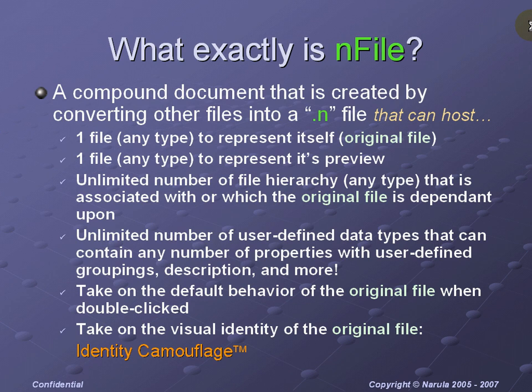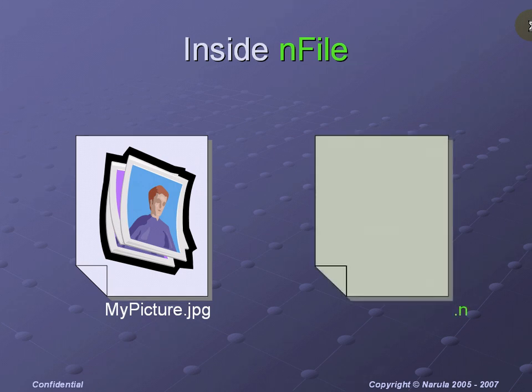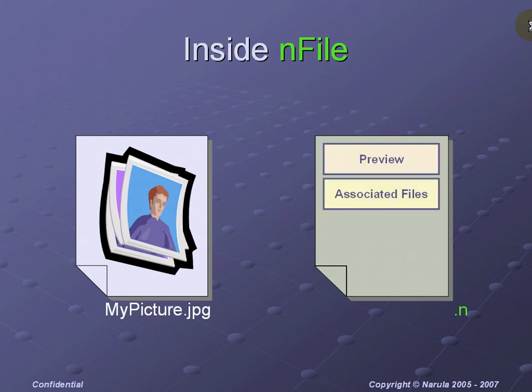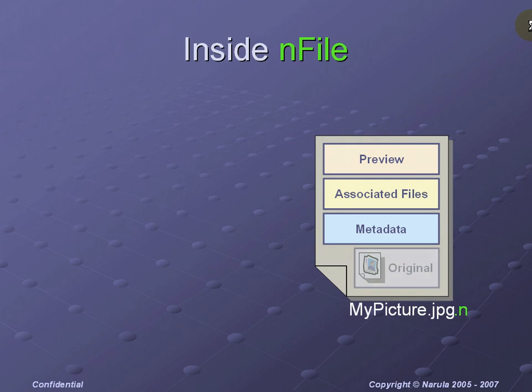Let's look inside an nFile. First, we start with any file. For this example, the file's name is mypicture.jpg. Then, an nFile is created containing a preview file, a set of associated hierarchical files, a set of structured metadata, and then the original file itself is embedded within the nFile, thereby creating a new file with the same name as the original file with a new extension of .n.